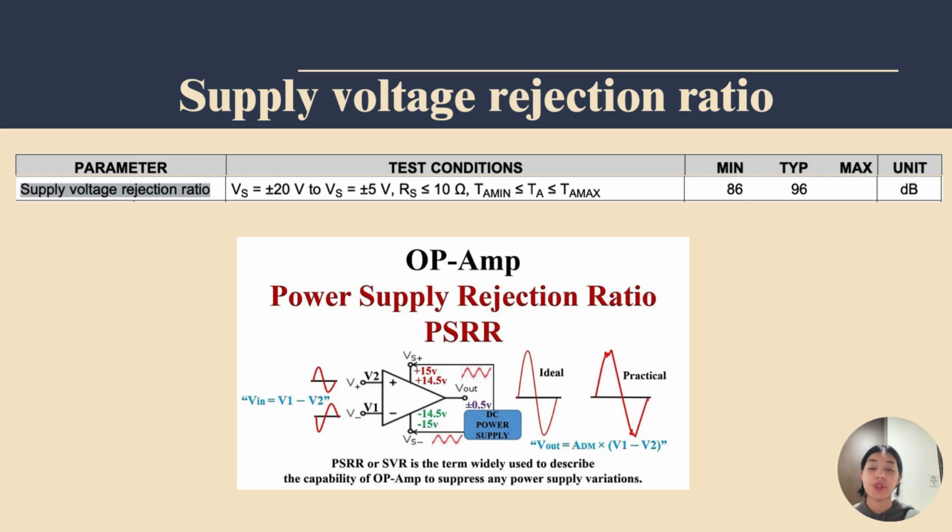However, real world op-amps have small variations in their internal circuitry that allow some portion of the power supply noise to couple into the output, causing unwanted signal deviations. According to the test conditions of the LM741, the supply voltage rejection ratio has a minimum value of 86 decibels and a typical value of 96 decibels.